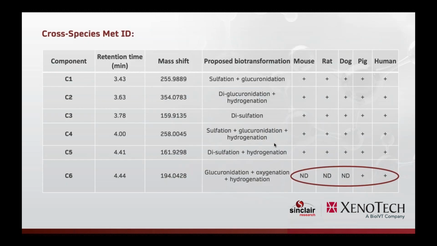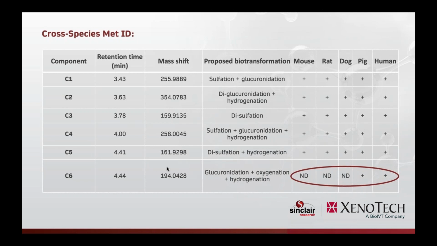And just an example of some of the data that would come out of a cross-species metabolite characterization study would be a table like this, where you could see all the rows of the different components or metabolites that were formed from these various species. See the retention time and the mass shift of the molecule.